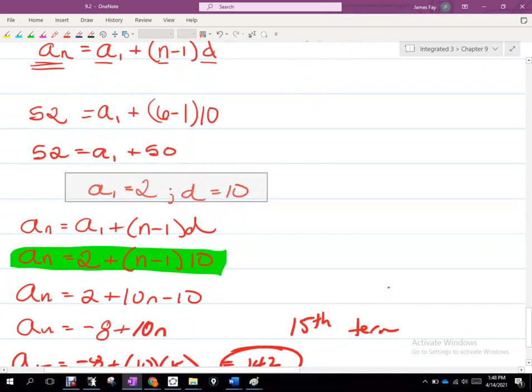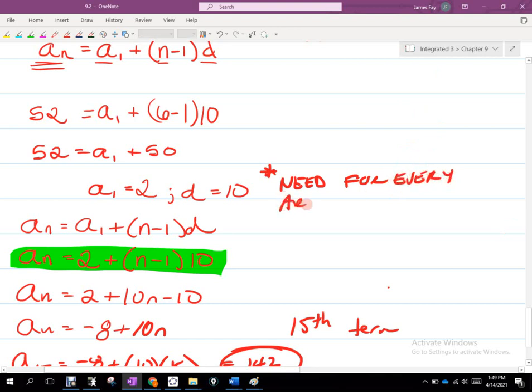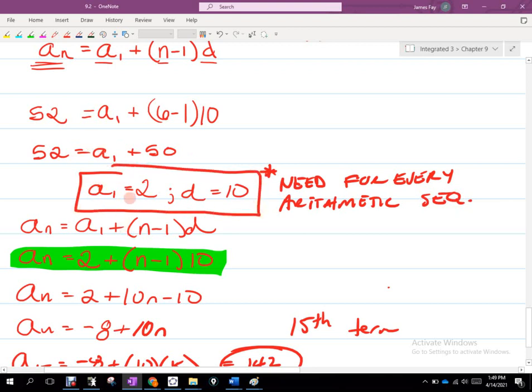I just then brought down and reminded myself, well, the common difference was 10. And I wrote that because those are the two things you need for every arithmetic sequence. Once you have those, you've captured those two things, you can plug them in right there and right there to get your explicit formula for an arithmetic sequence.